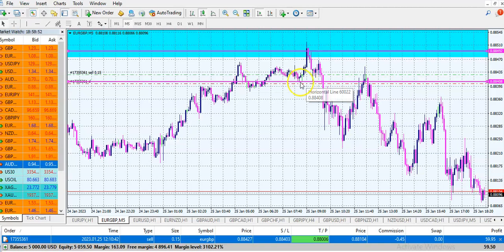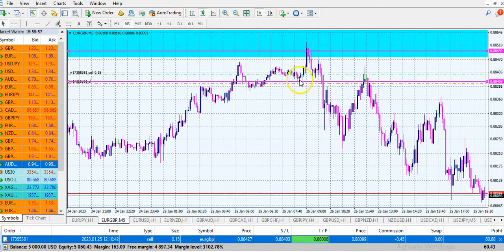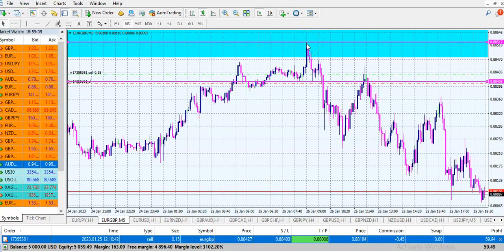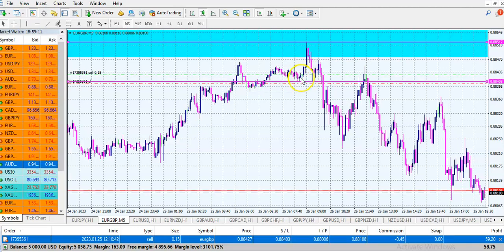So that is exactly where I simply put this horizontal line, and we put the next horizontal line on the high. Now basically what we want to see is this last low before it got into the supply area. We want to see that particular place broken.